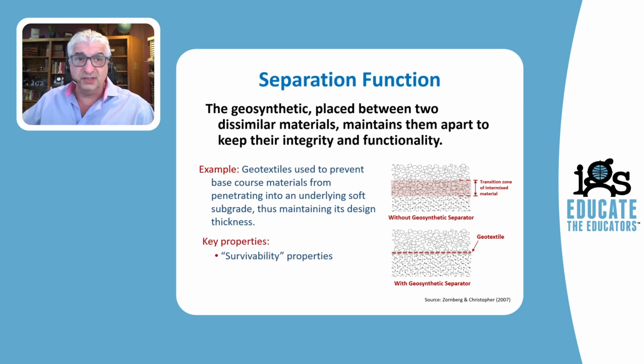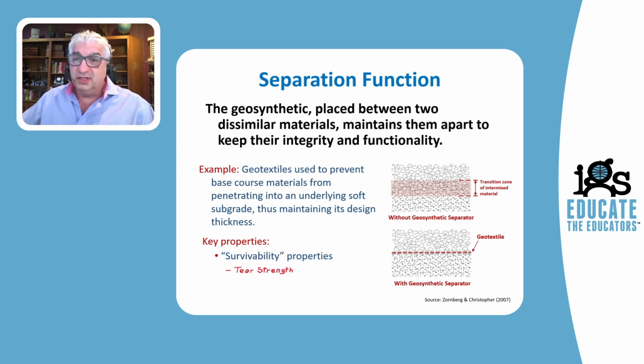What are the key properties that we need for separation? Essentially, what we need is that the geotextile survives, exists. There are a series of tensile properties, but they are comparatively simple tests that will establish the ability of geotextiles to survive installation and to maintain their performance.